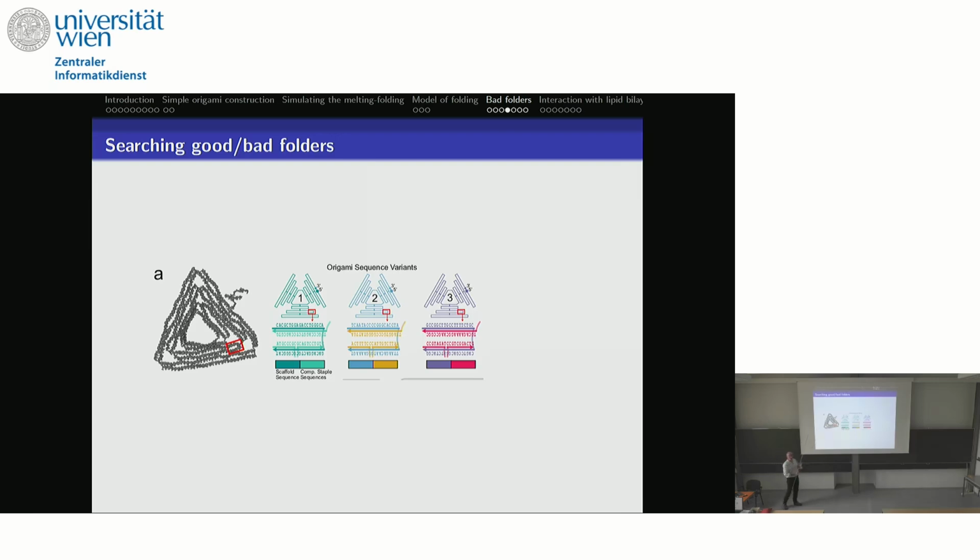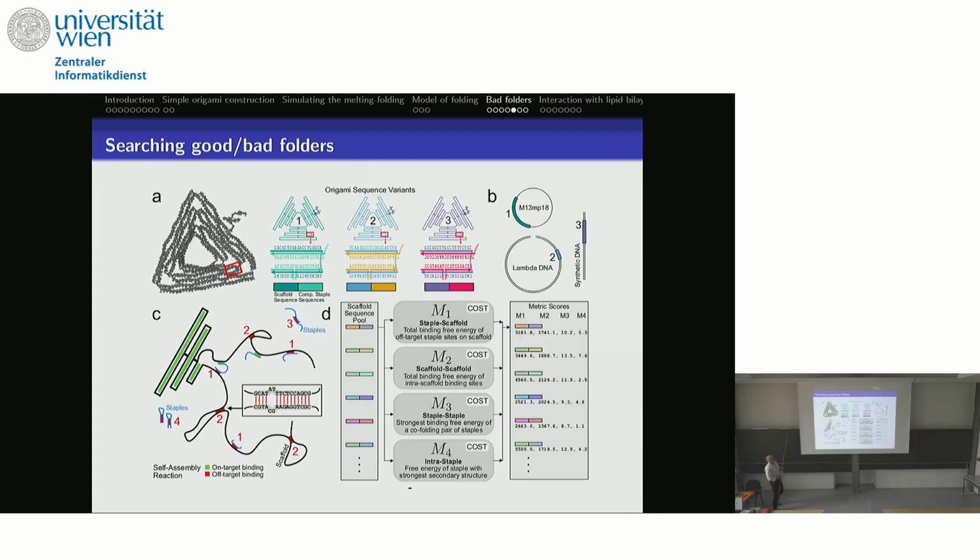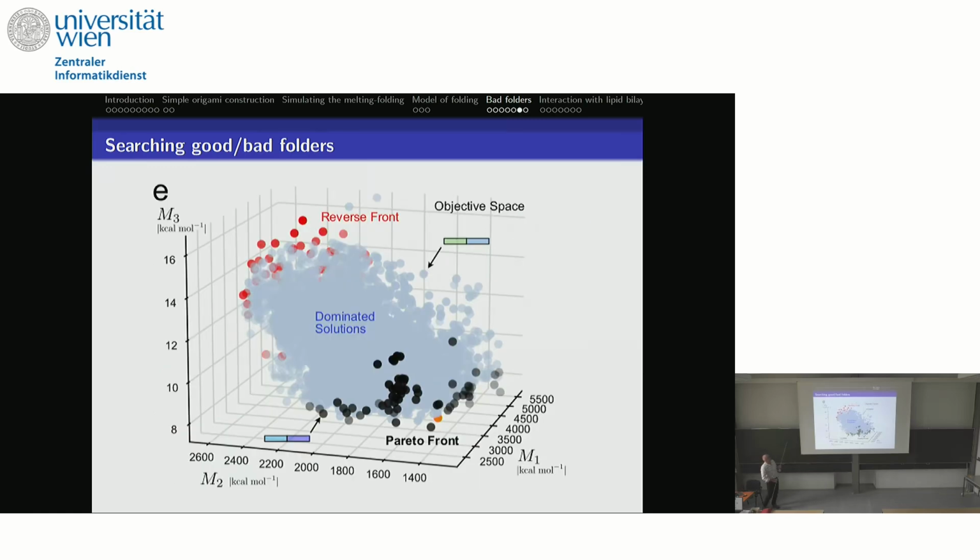For each scaffold, we need to compute all the staples. Okay, so they are different for each case. And for each scaffold, we are going to quantify how far we are from the ideal model. And for that, we are going to compute the interactions that I called off-target interactions. So this gives you 4 numbers for each scaffold. And the result is this.